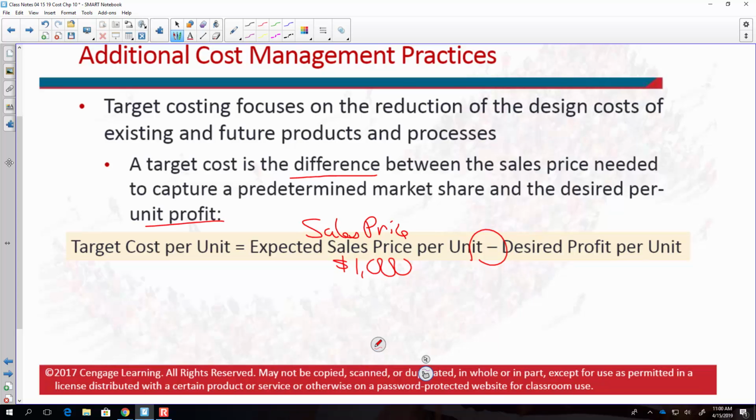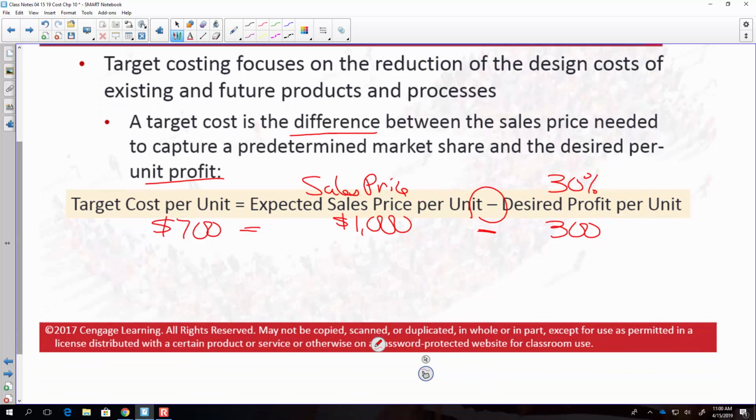And we're going to subtract off the desired profit. Let's just assume Apple said 30% is what they want to make. That's $300, right? The difference is what? 700.